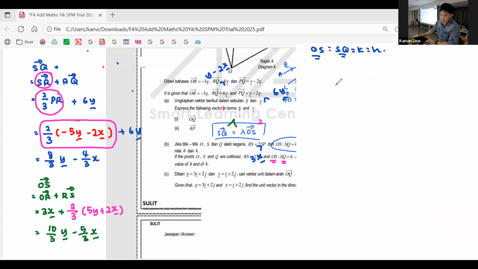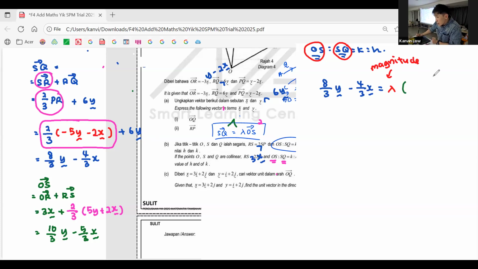So SQ is 8 over 3y minus 4 over 3x. Are you okay with this? Then this is equal to, you need to put a lambda here because I mentioned before, they are collinear, but it doesn't mean the size is the same, right? So this is representing the magnitude. Are you okay with that? So after you multiply the magnitude, left and right will be balanced. Got it?